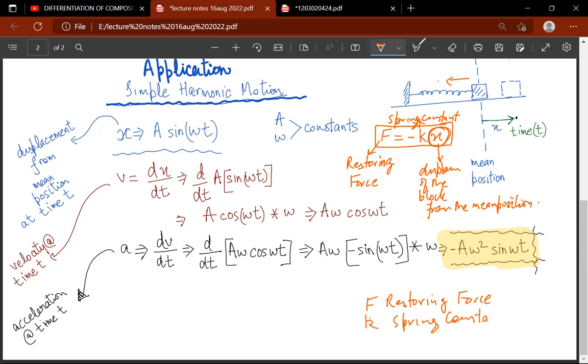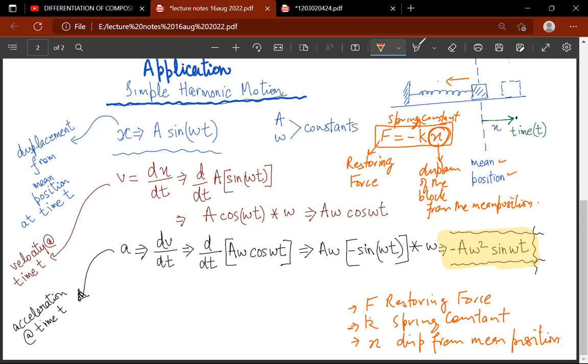This is part of your class 11 course, so it is absolutely fine to spend a few minutes on this. X is the displacement from mean position. What is mean position? Mean position is the initial position where the block was at rest. Is it clear?